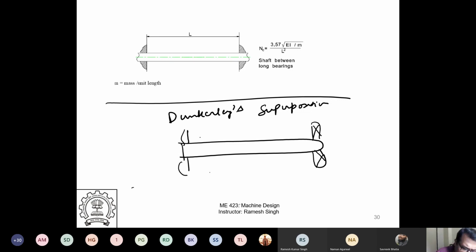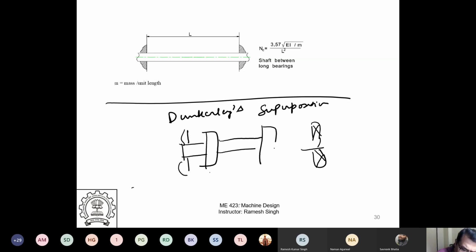And then I have M1 here, there is another M2 here, there is M3 here.